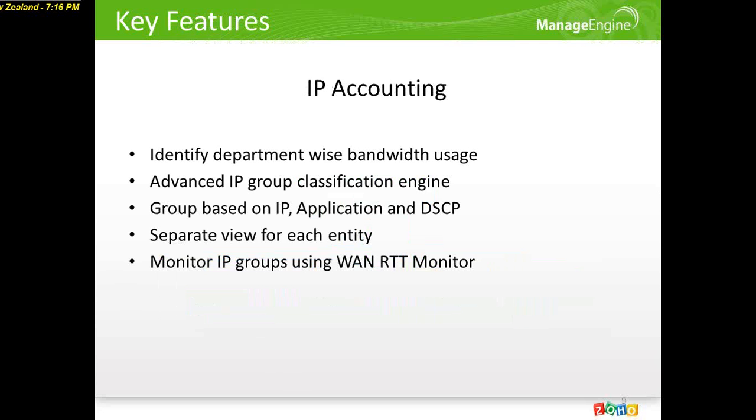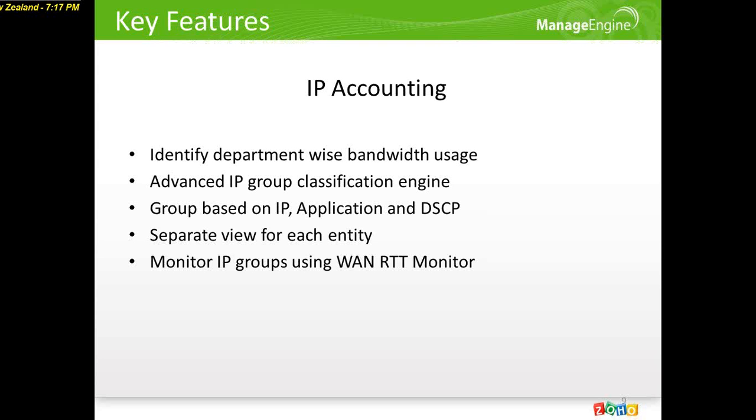IP accounting. This is one of the major features used by almost all the customers, which is also called IP grouping in NetFlow Analyzer. Identifying department-wise bandwidth usage. That is, you can create an IP group in NetFlow Analyzer with the IP range of one particular department or IP network of their department and monitor how much traffic is being utilized by that particular department.